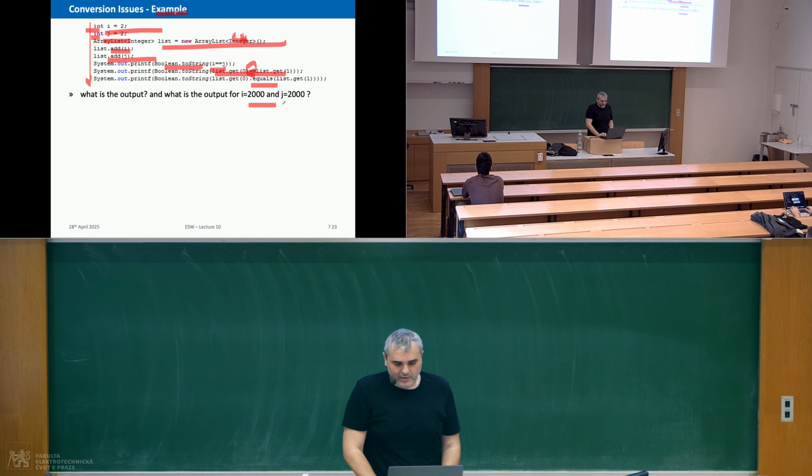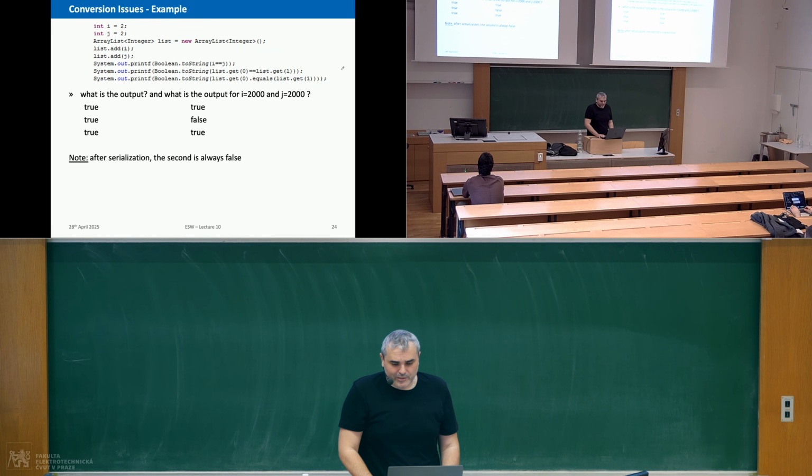But if we change that i and j for a much larger number, like 2000, this will be again true, this will be again true, and the middle case will be false, like you mentioned, because that identity semantic is limited.